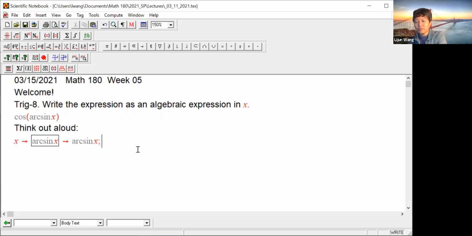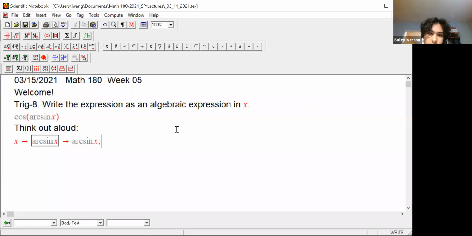Go check your notes. This is not a test. I'm not testing you. This is not a closed book exam. Is it from -π/2 to π/2? That's right.